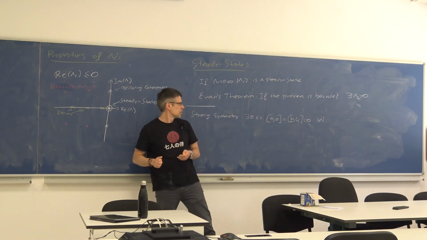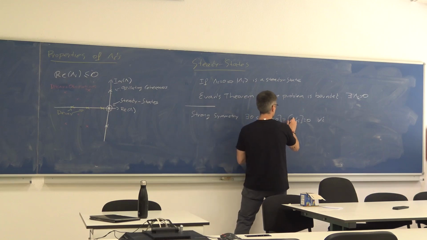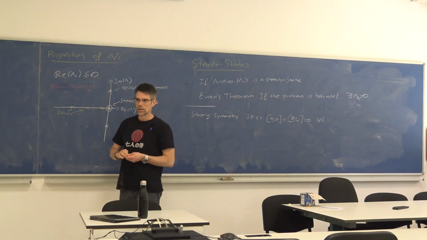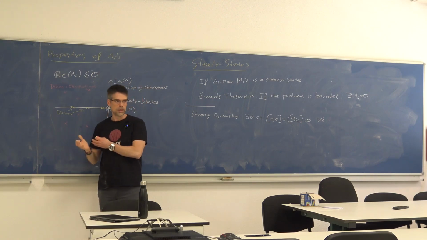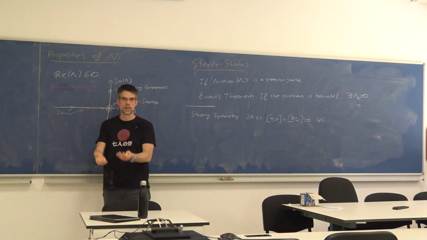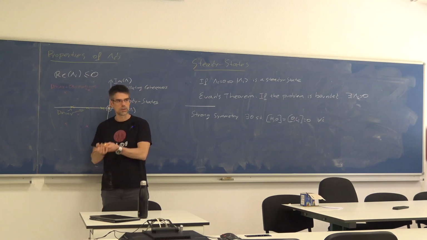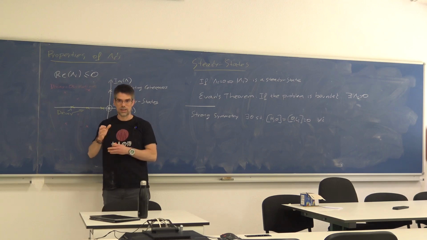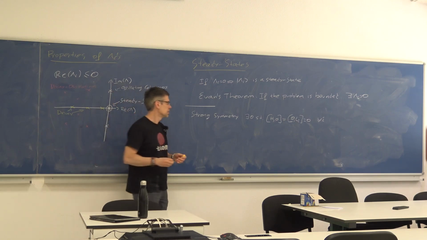This is very similar to what happens in closed systems. If I give you an operator that commutes with the Hamiltonian and commutes with the jump operator, then the system is degenerate.